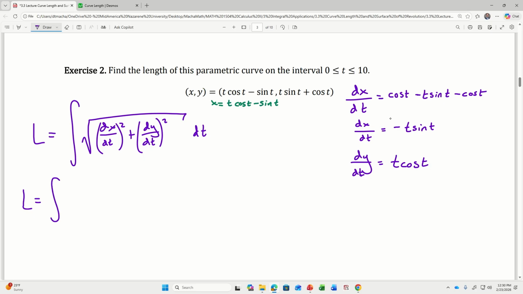And dx/dt squared will be t squared sine squared t. dy/dt squared is going to be t squared cosine squared t. So it simplifies like this.